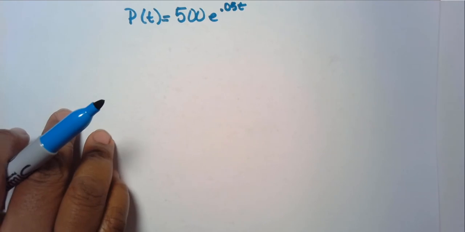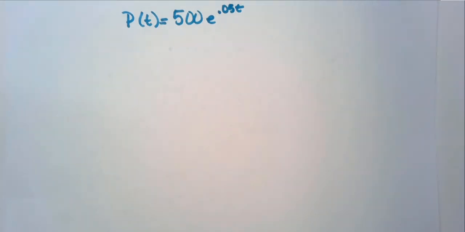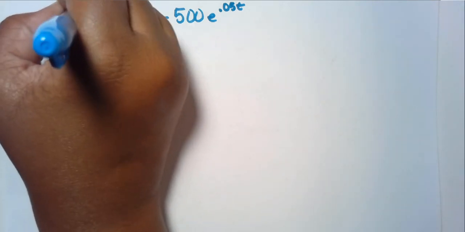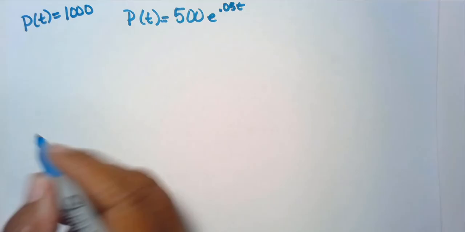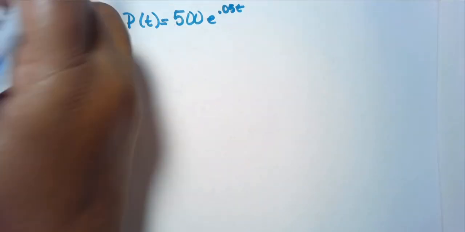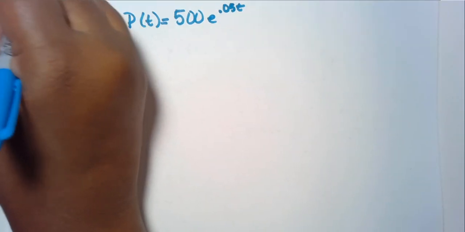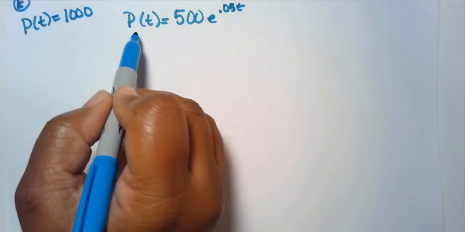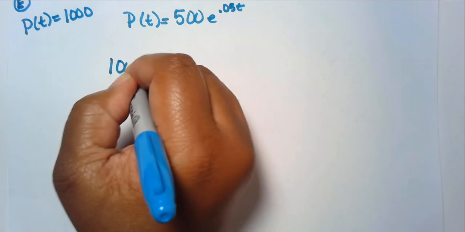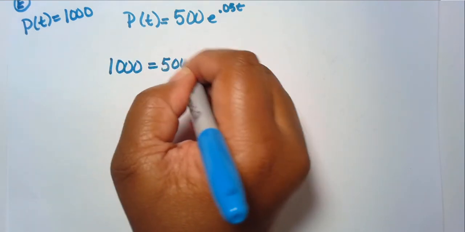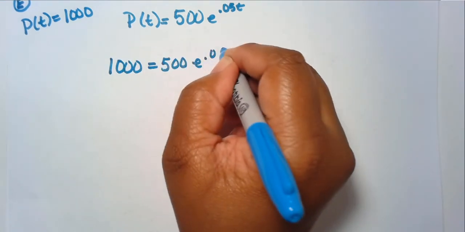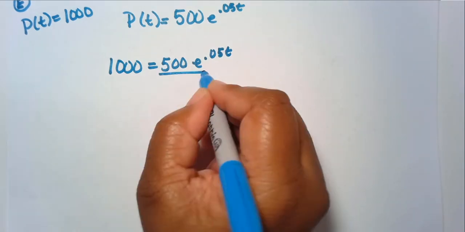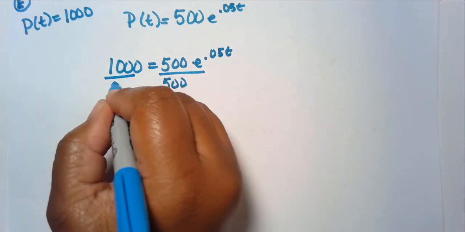So we let P of T equal 1,000. This is our example E. So let's plug 1,000 in for P of T. So we have 1,000 equals 500 times e to the 0.05t. We want our base e to be by itself, so we're going to divide both sides by 500.